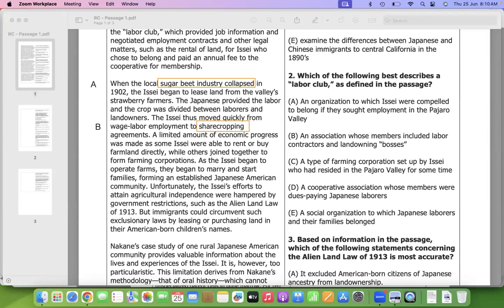There is C1 and there is C2. C1 is economic progress. And what is C2? Forming an established Japanese American community. C1 and C2.